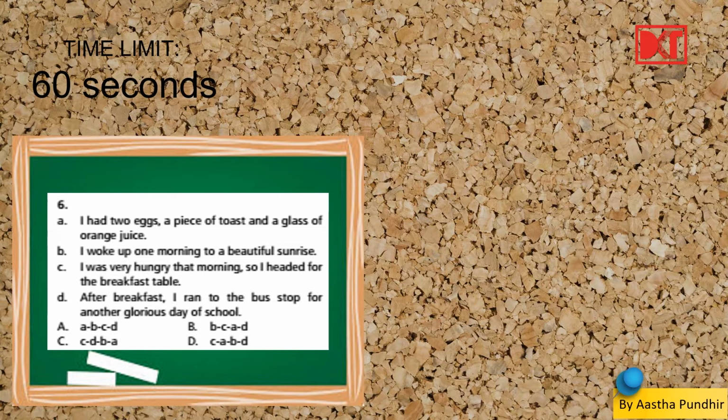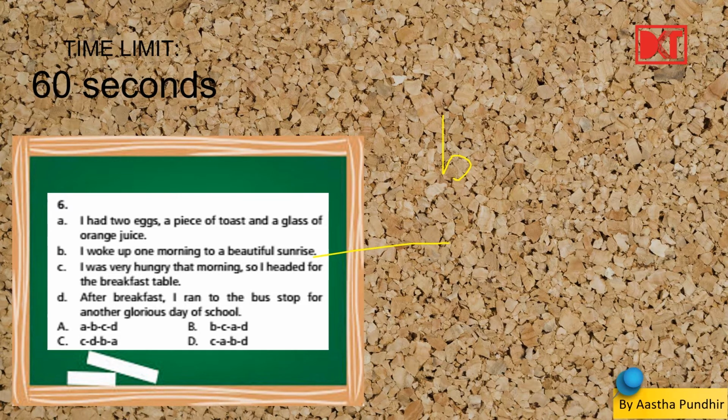Alright, now here I had 2 eggs, a piece of toast, a glass of orange juice. I woke up one morning to a beautiful sunrise. I was very hungry that morning, so I headed for the breakfast table. After breakfast, I ran to the bus stop for another glorious day of school. So here again you see how chronologically things are happening. First, I woke up in the morning to a beautiful sunrise.